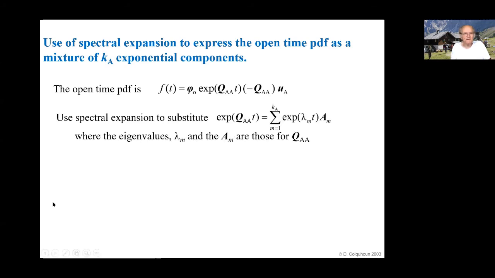We then use the spectral expansion of e to the QAA t, in terms of the scalar exponentials for the eigenvalues of QAA times these spectral expansion matrices, these wonderful A matrices, which we described how to calculate.